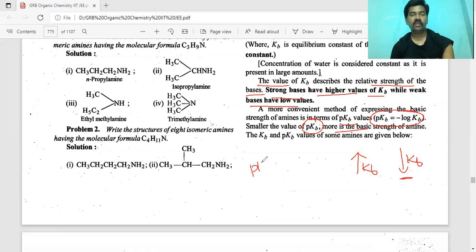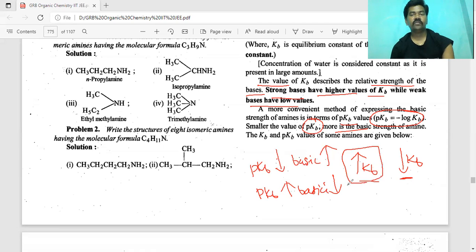If the pKb value is less, then basic nature will be more. If the pKb value is more, then basic nature will be less, opposite.